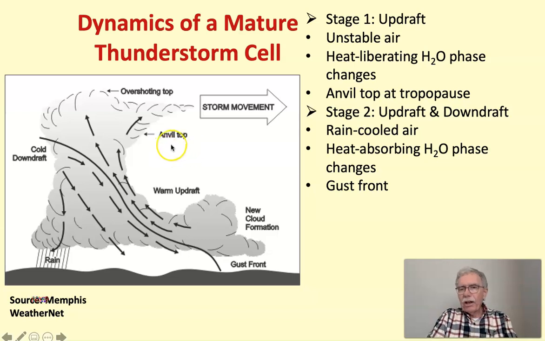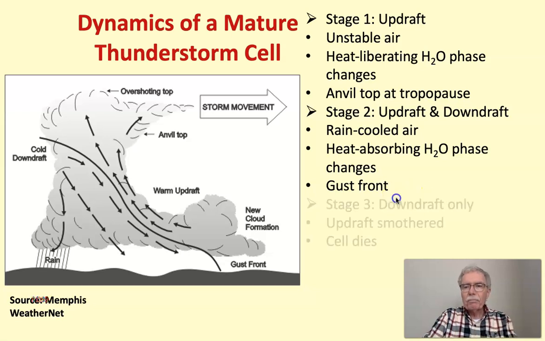And so just like you pour syrup on pancakes, the syrup goes out in all directions. So rain-cooled air drops down to the surface and then goes in all directions as a gust front.